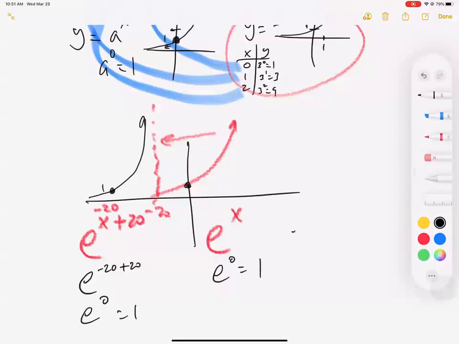If I write e to the x minus 20, well, a positive 20, that's where this graph would be. And that would be the 1. So whatever happens in the exponent, that shifts it left and right in the domain.